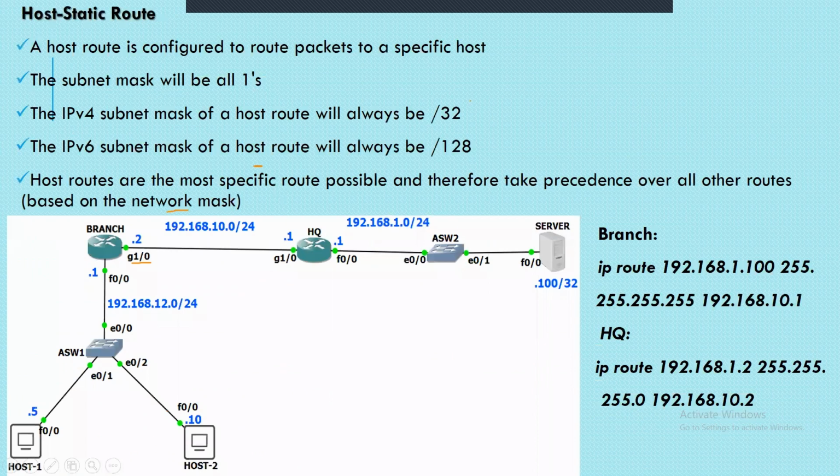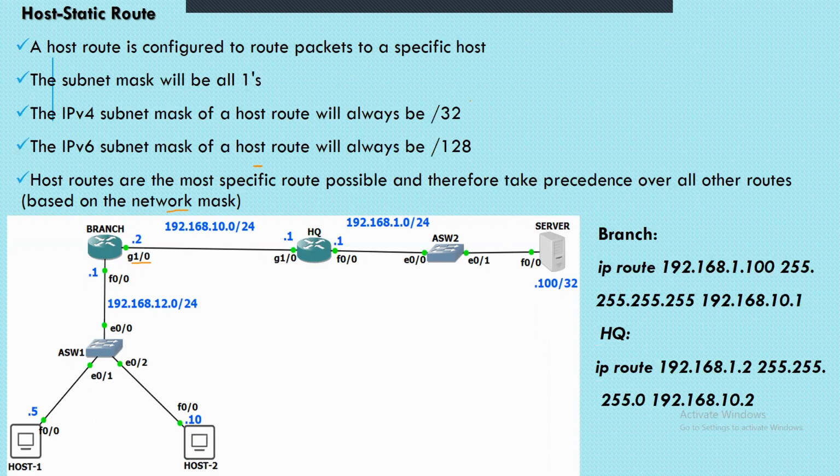Let us move to another concept of the same static route. Now we have another concept: the host static route. What is a host static route? The host static route is configured to route packets to a specific host. The subnet mask will be all ones.